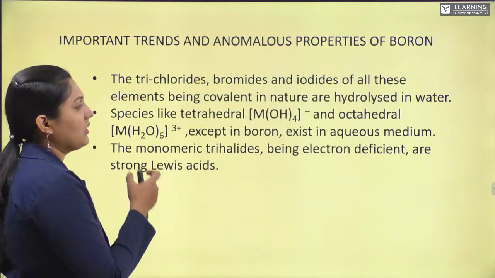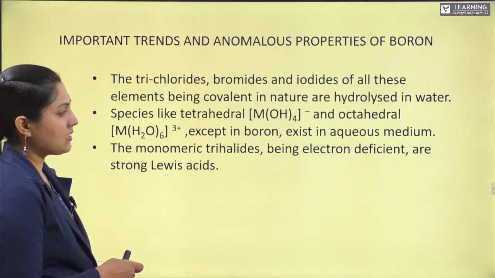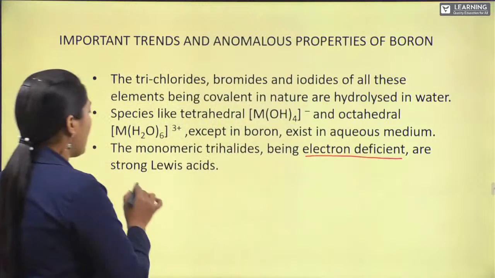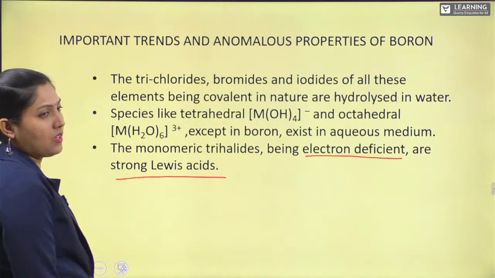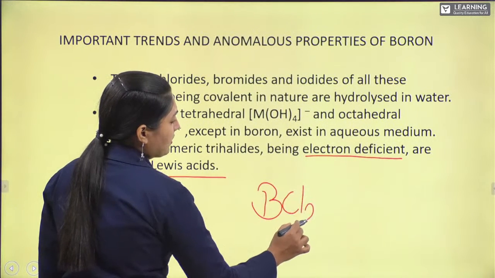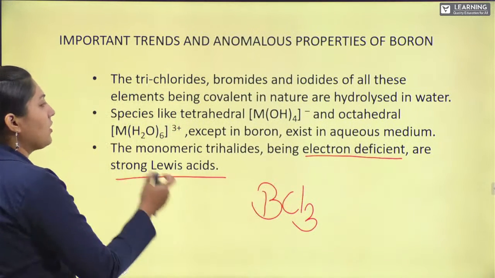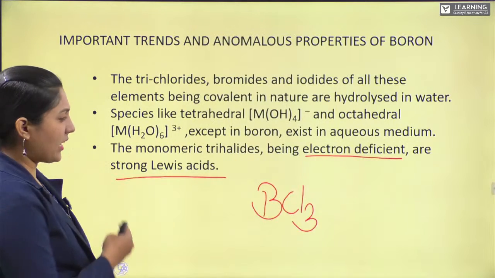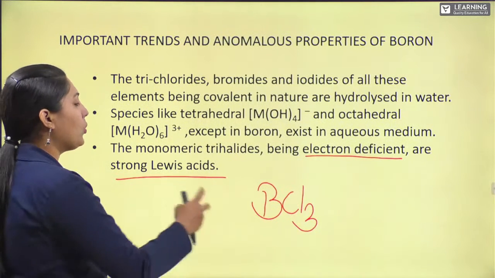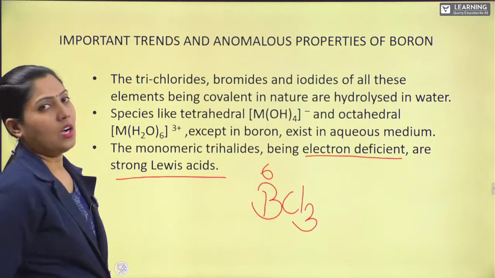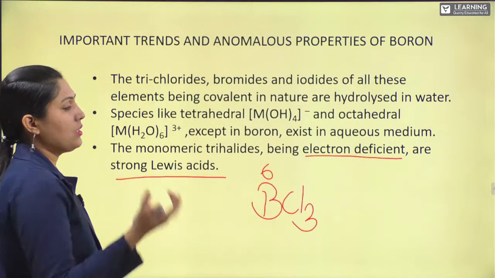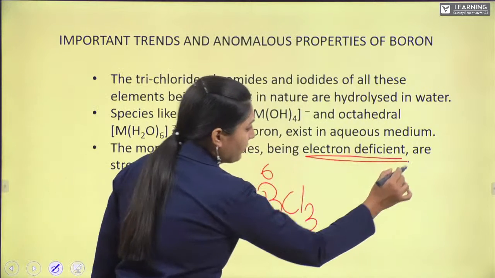The monomeric trihalides, being electron deficient, are strong Lewis acids. As I said, take boron chlorides or aluminium chlorides or any other chlorides in this group. They have only 6 electrons in the outermost shell even after bonding, so they are electron deficient.